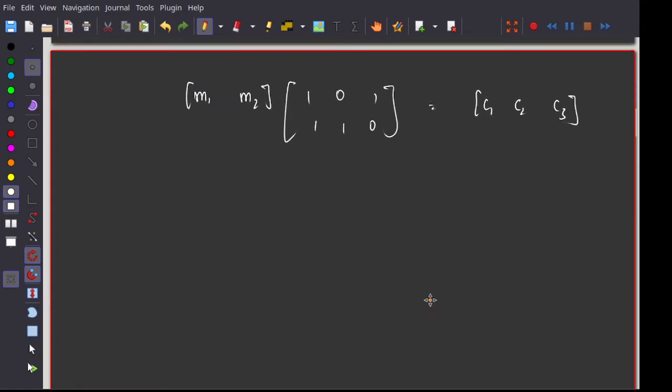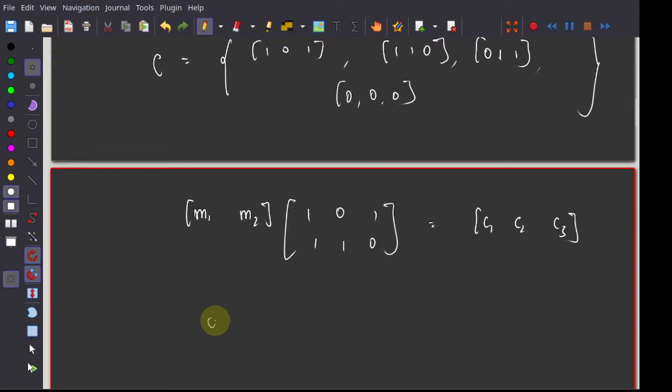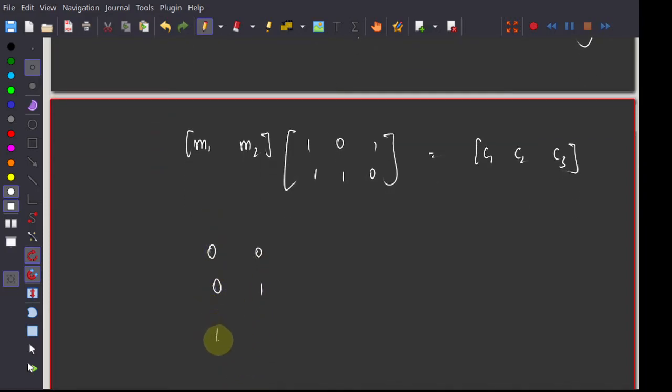So if I take m1 m2 to be 00, 01, 10 and 11, I run through the entire code book. So the all zeros message gives me the all zeros code word. Multiplying with 0 1 gives me 1 1 0. With 1 0 gives me 1 0 1, and with 1 1 gives me 0 1 1.